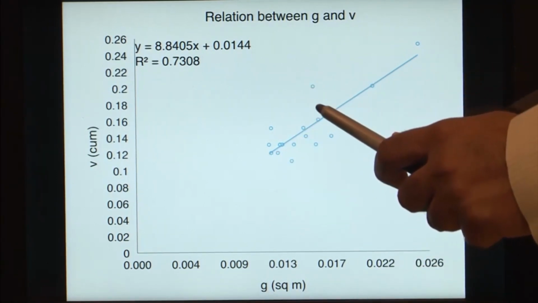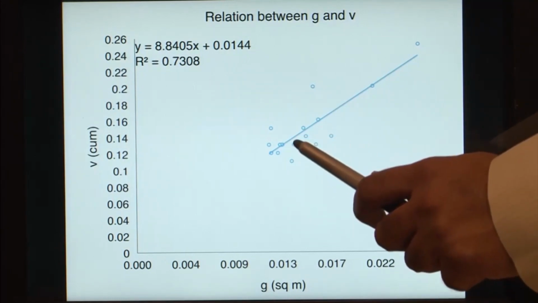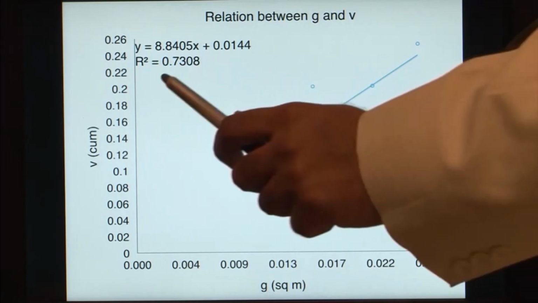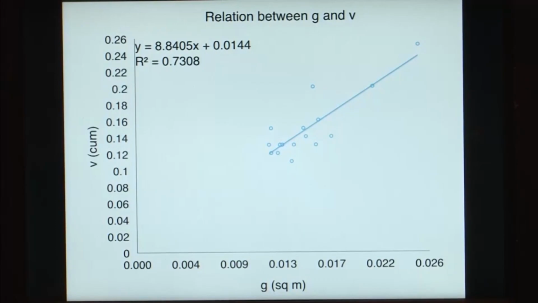Some of these points are very far apart, some are at some distance, and some lie on the linear fit line. So, that is given to us by this R square value, which is the spread of these values. Because all of these values do not exactly lie on the trend line, that is why the values that we will get differ.